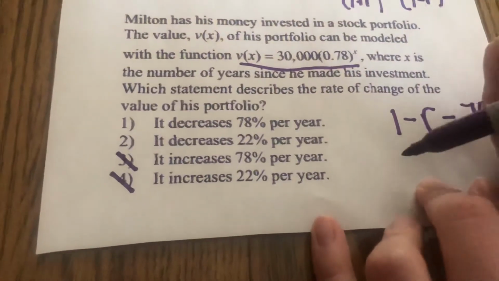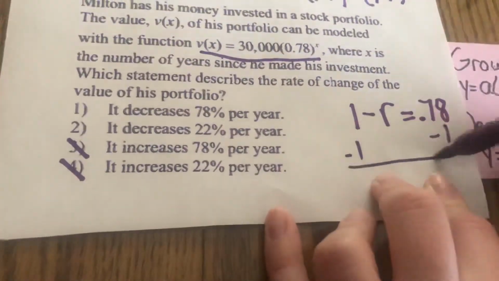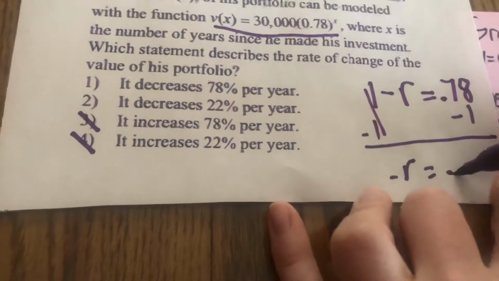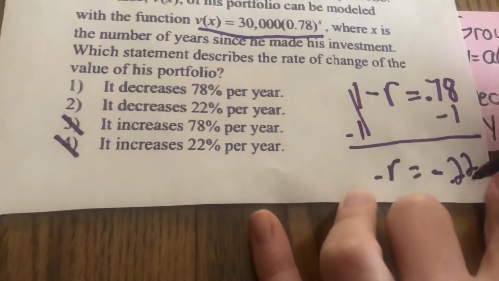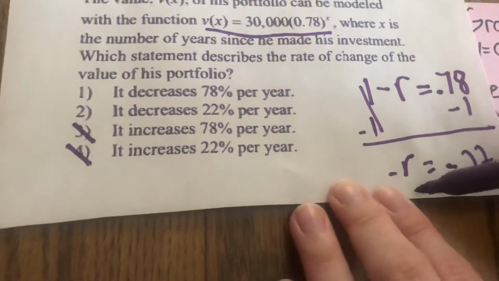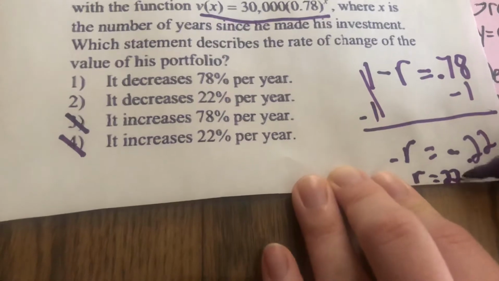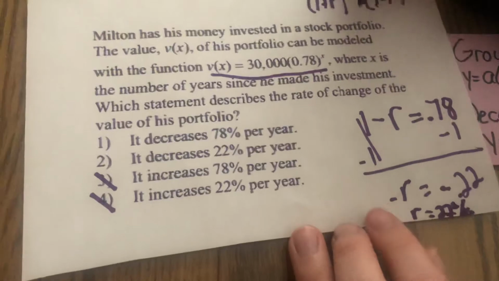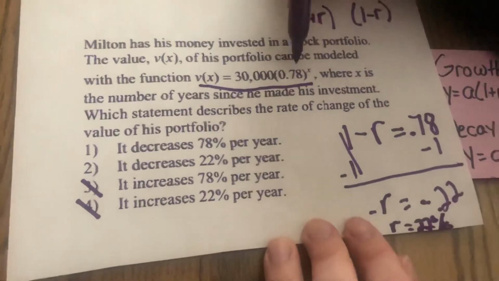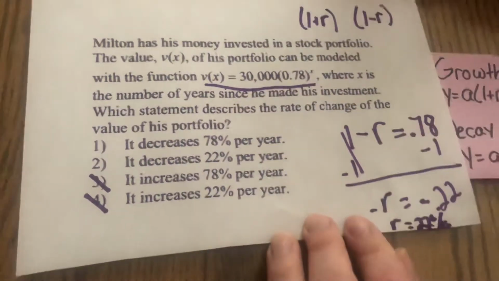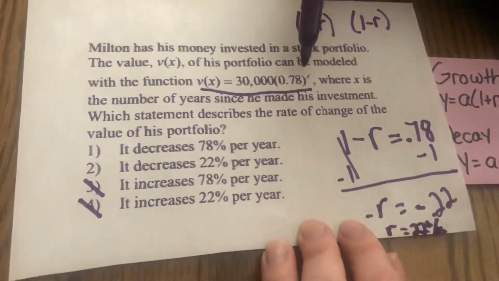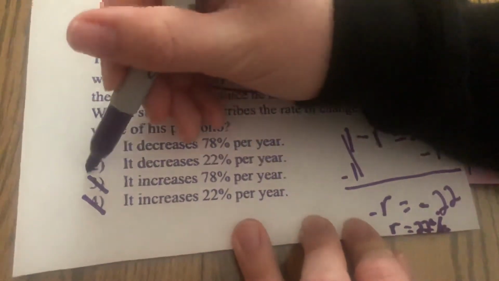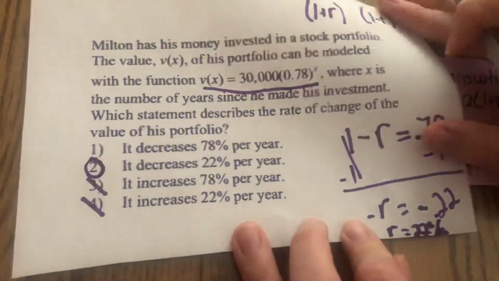If you do some algebra, subtracting 1, we'll have negative R is equal to negative 0.22. The two negatives cancel, so our rate is equal to 22%. Okay, so the biggest thing is recognizing first that it is a decay because it is less than 1. And then you have to recognize that it's not just that 78. You had to take 1 away from it. So our choice 2 is going to be our final answer.